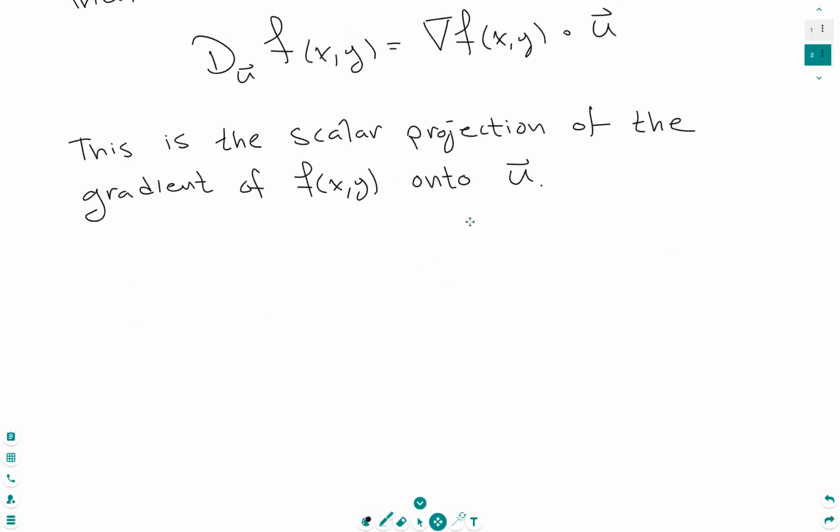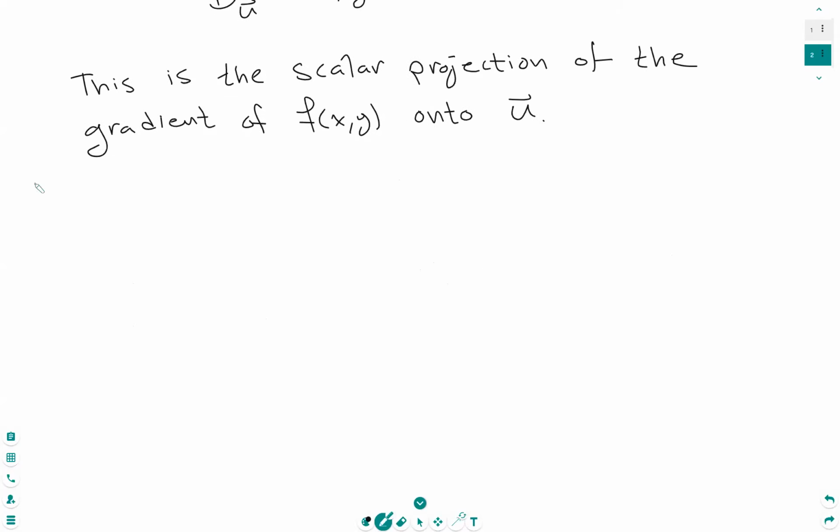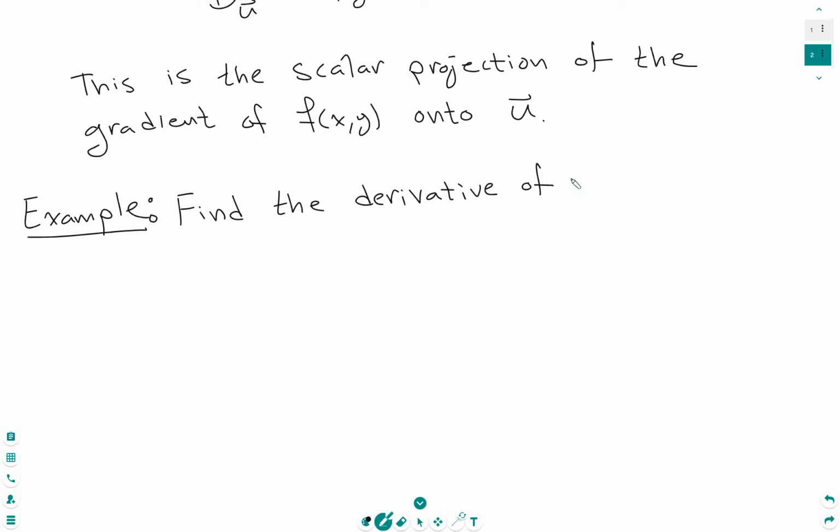Okay, so let's do an example. Let's find the directional derivative of f of x and y, where our function is, let's move this down here so you have some room, x e to the y plus cosine of x times y.